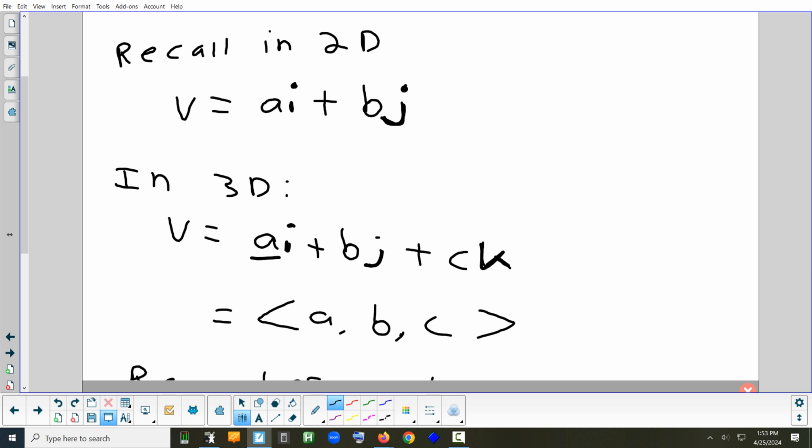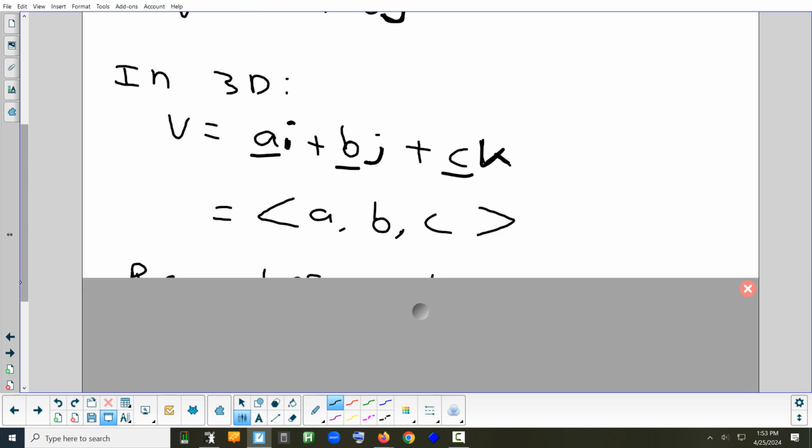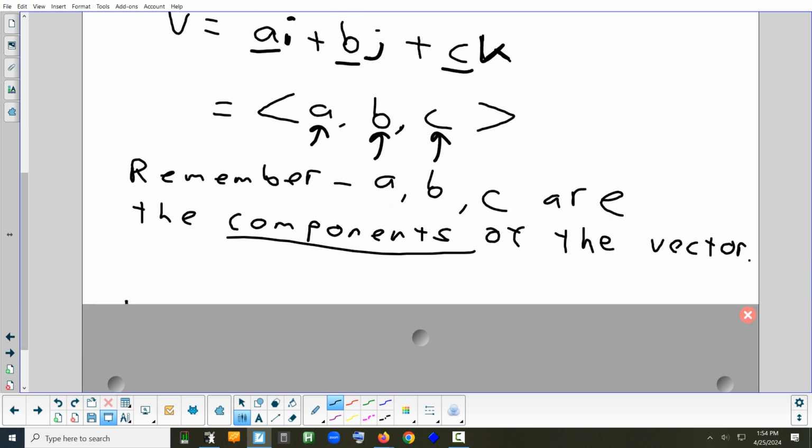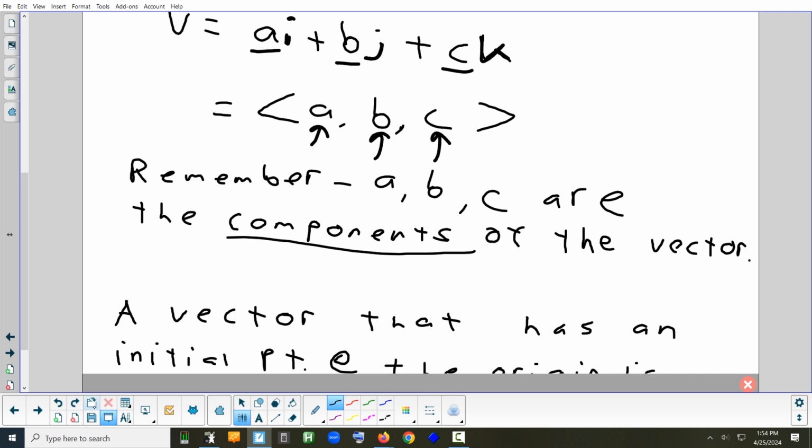Remember, these are the 3 components of the vector. I'm just not going to call them horizontal and vertical anymore, because that doesn't make as much sense in 3D. So I would call this one the x-axis component, the y-axis component, and the z-axis component. That's how you'll see a vector in 3D.